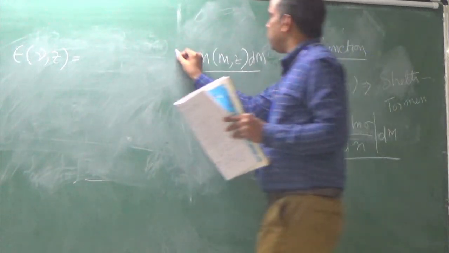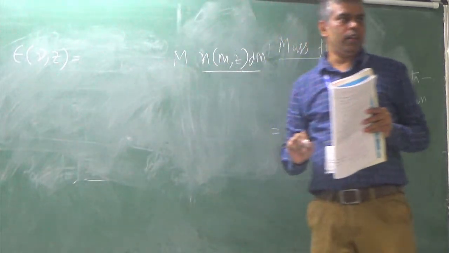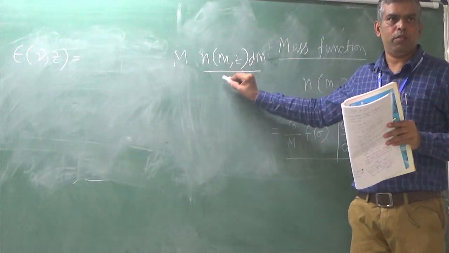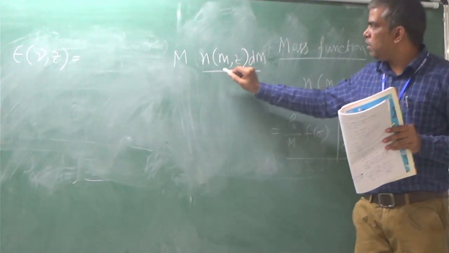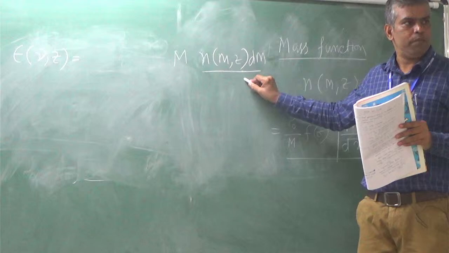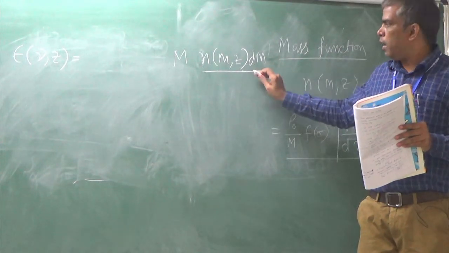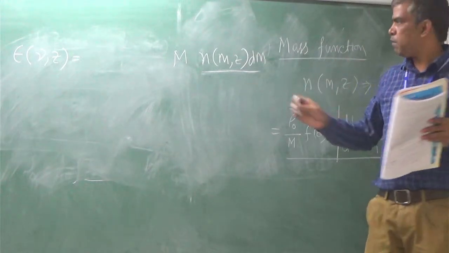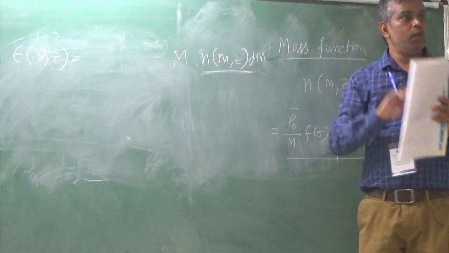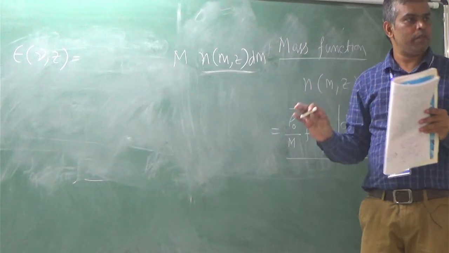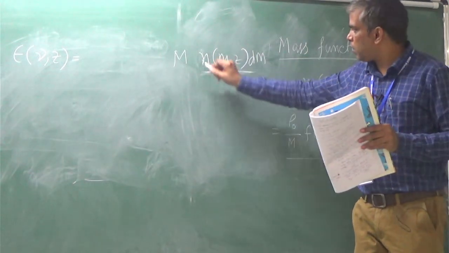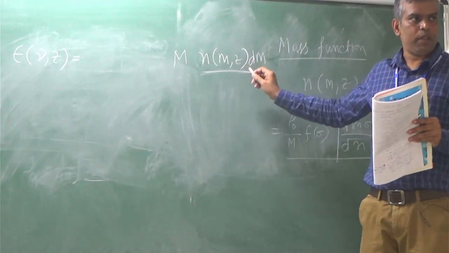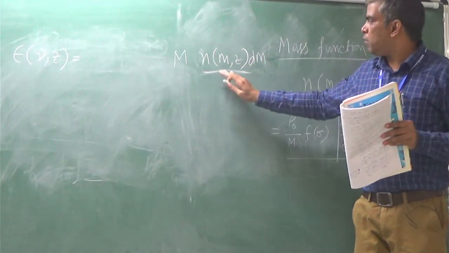Now if I multiply with m, it gives me the mass density of dark matter in the mass range of m and m plus dm. This is the total dark matter mass inside the dark matter halo, not in the intergalactic medium.